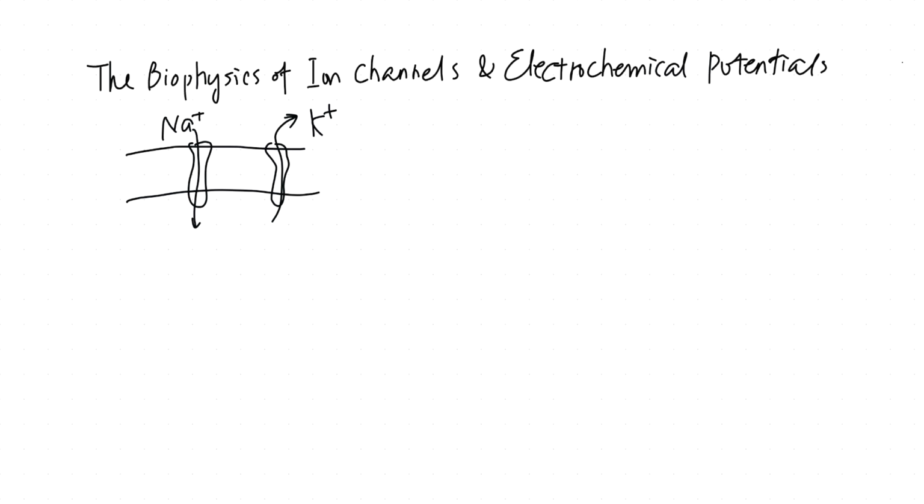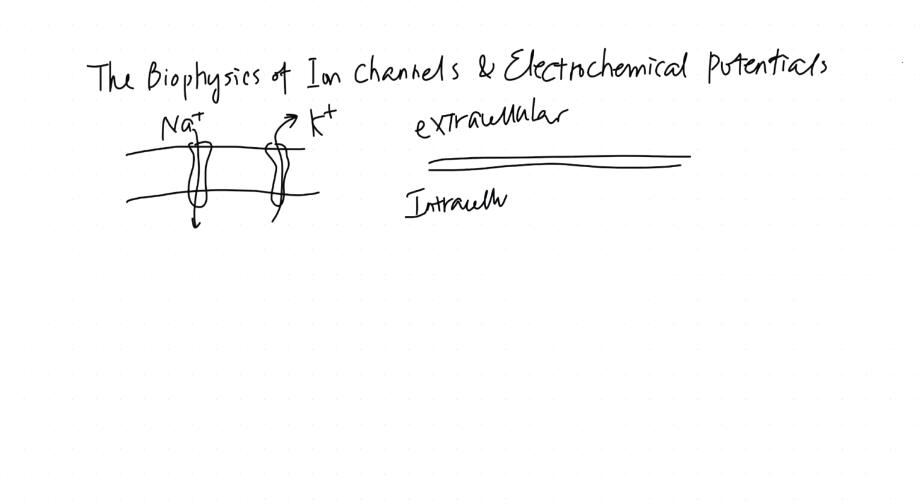Let's first think about what affects the flux. Now let me draw that again. You have the lipid bilayer. This is the extracellular space, and this is the intracellular space. It's the same as cytoplasm.